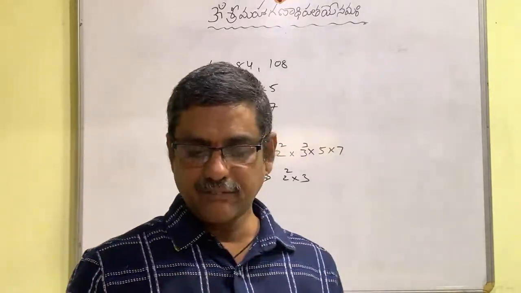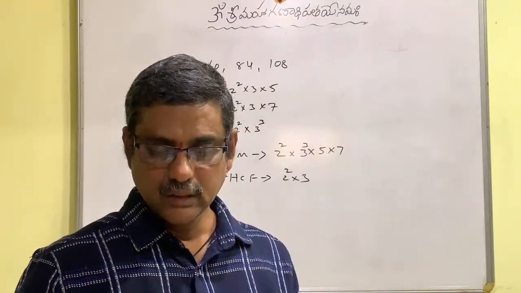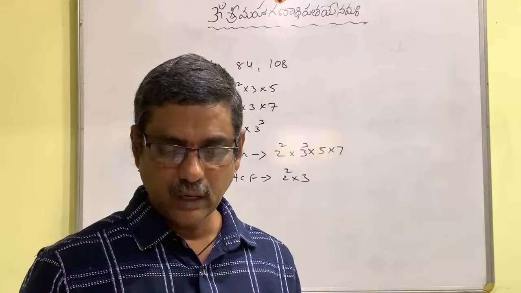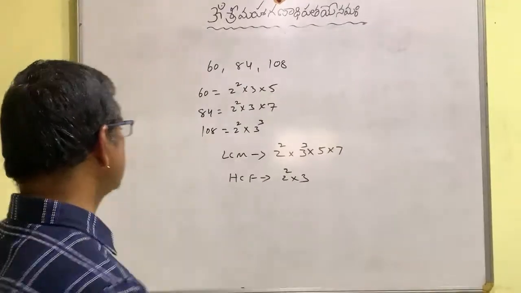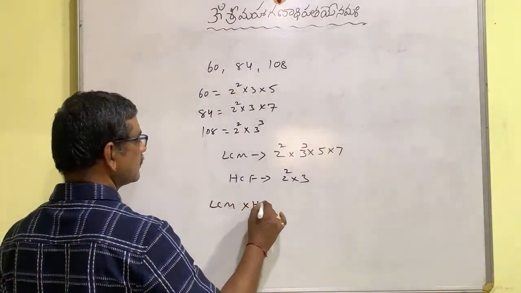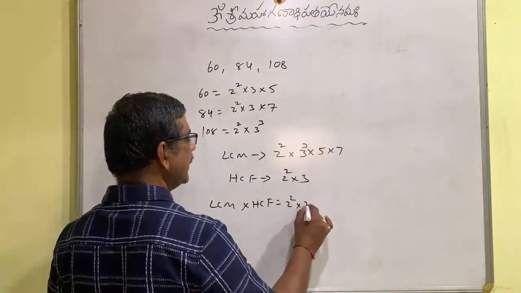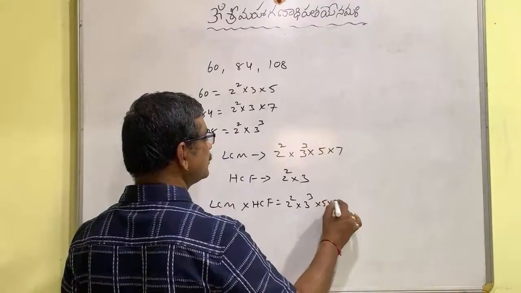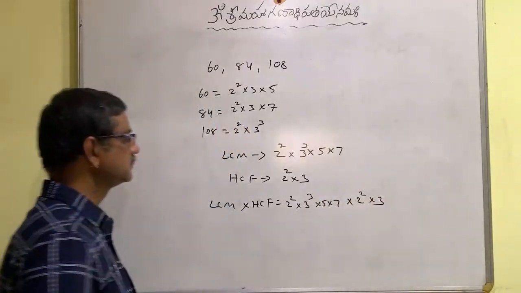Write the product of HCF and LCM of 60, 84, 108. Product of LCM and HCF. LCM 2 square into 3 cube into 5 into 7 into HCF 2 square into 3.